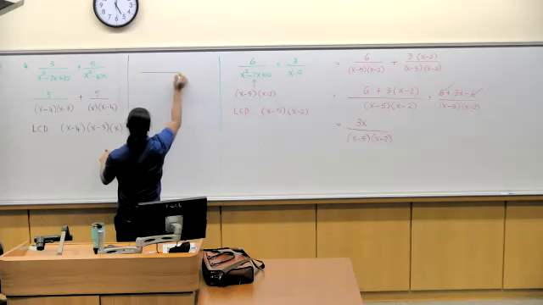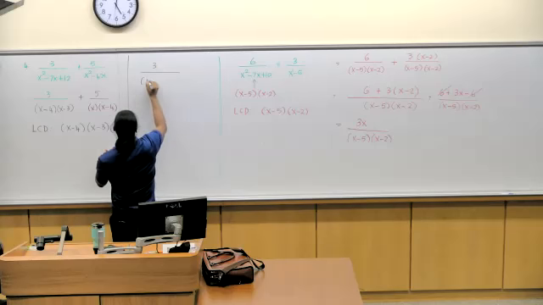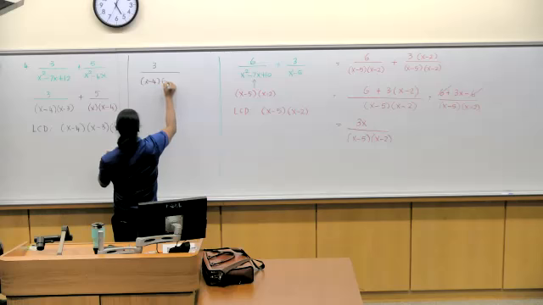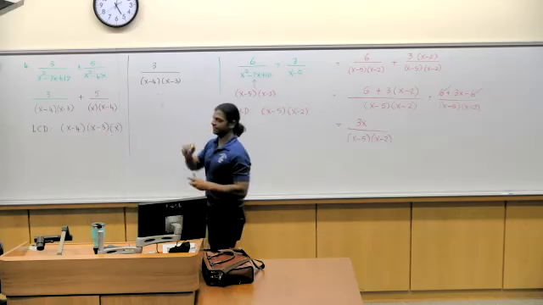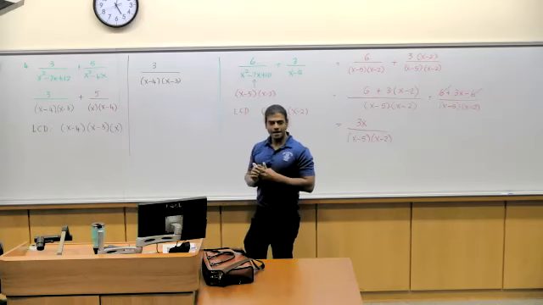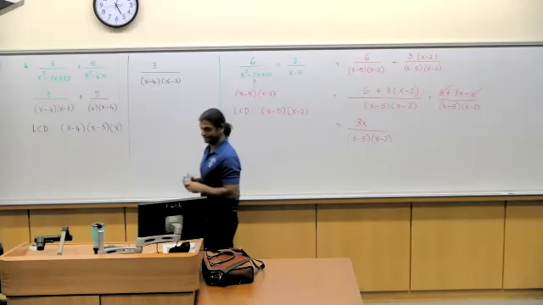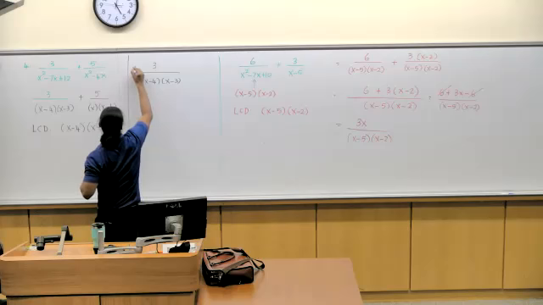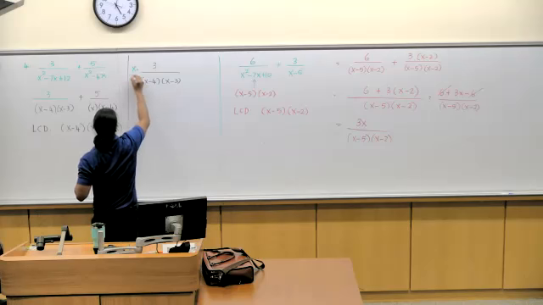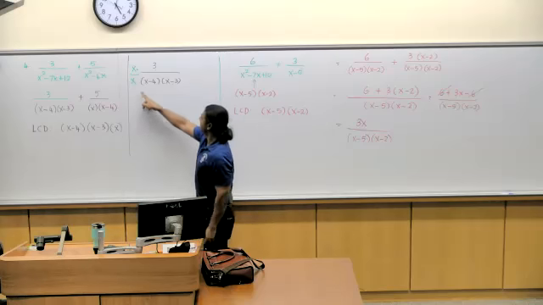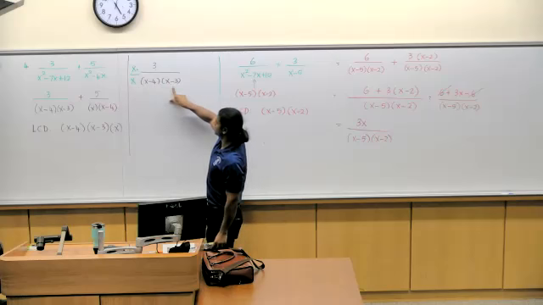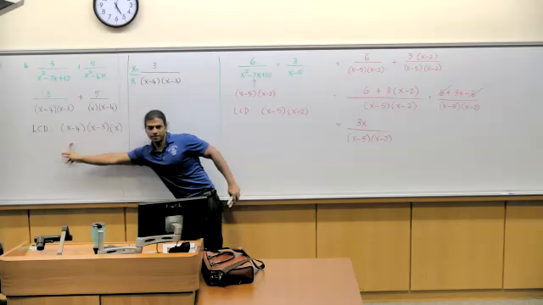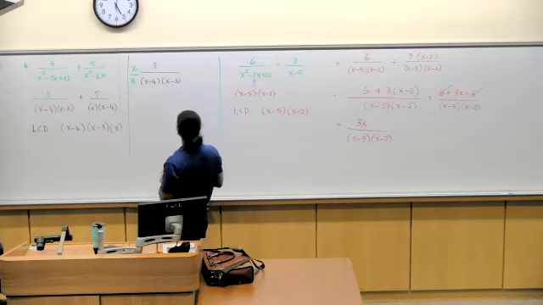So what should I do to the first expression so that I get x times x minus 4 times x minus 3 in the denominator? I have to multiply and divide by x. If I did that, I get x times x minus 4 times x minus 3, which is the LCD.